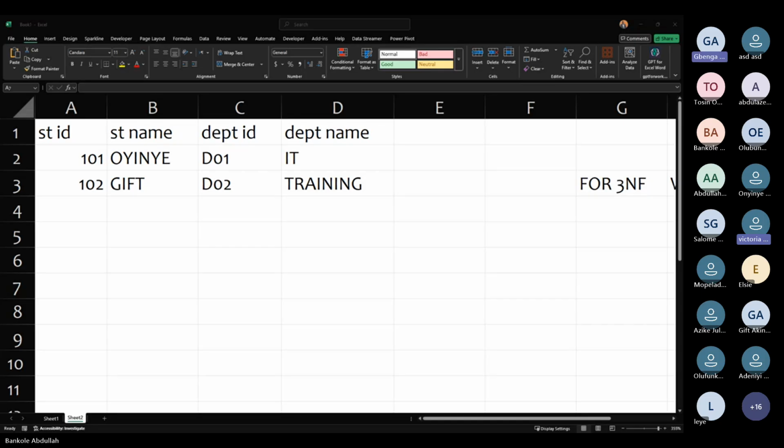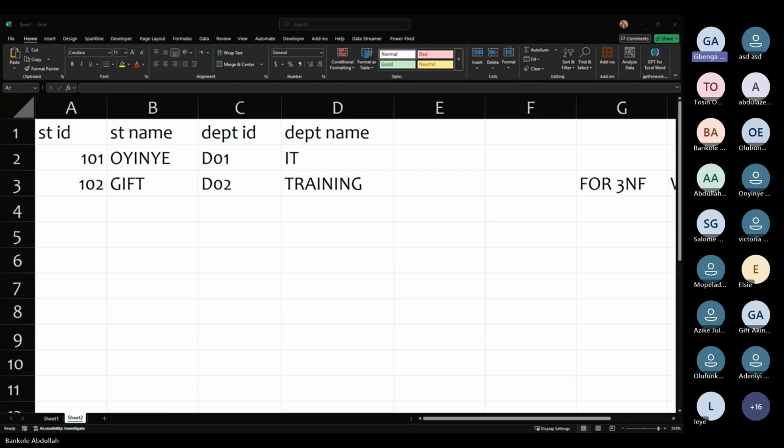That's not the context we are working with. Don't mix it up. Just give me non-key columns here. Okay, let's just stick with department name. That's the only non-key column that is there, Victoria. So we have the student name and department name. Exactly. Those are the non-key columns now. You can't say department name alone. Okay. So I said student name. You said it, but you're now saying department name again, as if it's the only one.